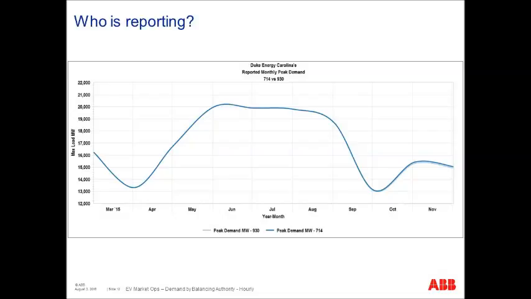Now, I'm not going to point fingers or anything like that, but I can say that not all balancing authorities match up quite this well to the 714 data, but for the most part, what we're seeing is pretty accurate and pretty clean data coming through right off the automated systems from the balancing authorities.